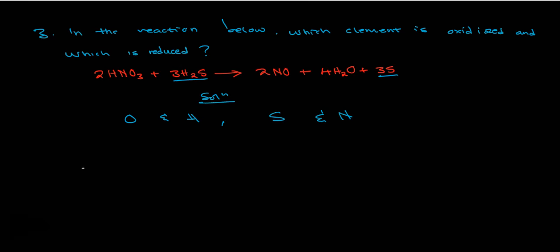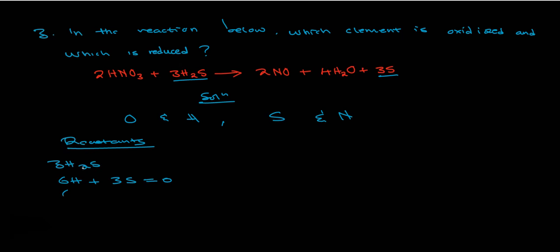Let's talk about the oxidation number of sulfur on the reactant side and the product side. To the reactant side, sulfur is in H2S. To find the oxidation number, we say 3 times 2, meaning we have 6 of hydrogen, then we have 3 atoms of sulfur, where we are going to equate this to 0.